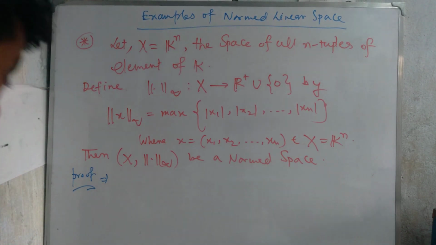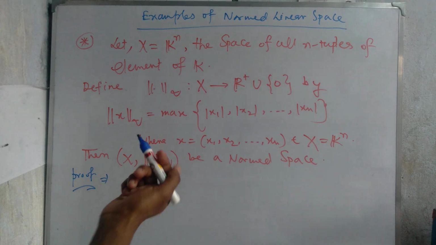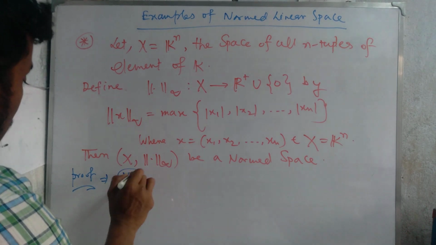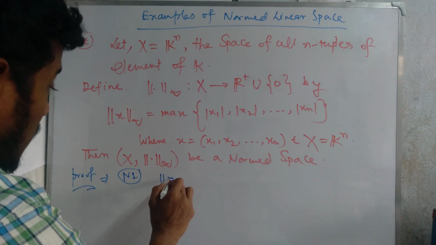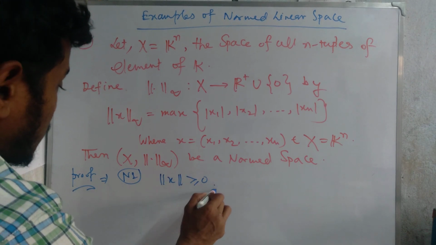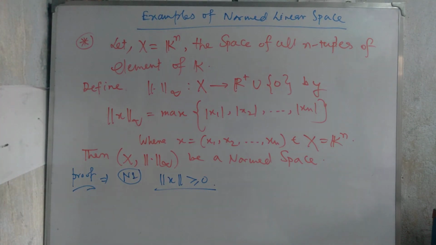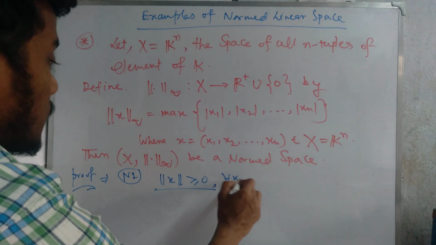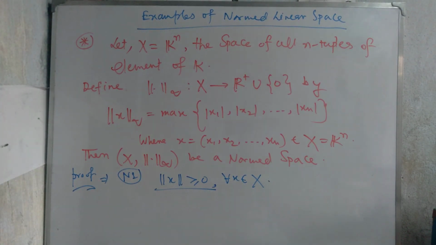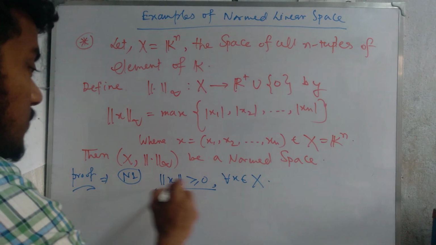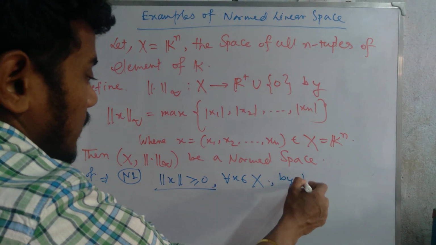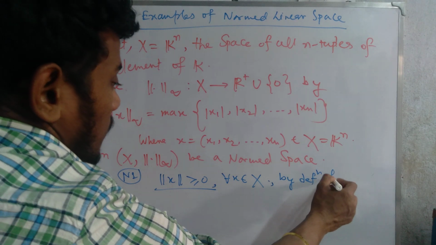We know about the non-negativity condition, which we mark as N1: norm x greater than or equal to 0. Obviously any norm is greater than or equal to 0, for all x belonging to X, by the definition of norm.